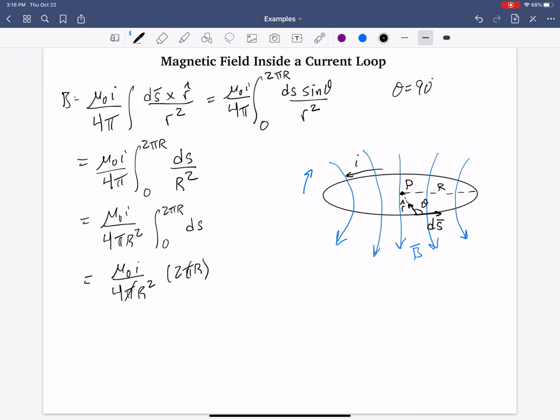The pi's go away, the factor of 2 goes away, and a factor of r goes away. So we have mu naught I over 2r. And that's it for the magnitude. The direction is downwards. So we'll say down. That's it.